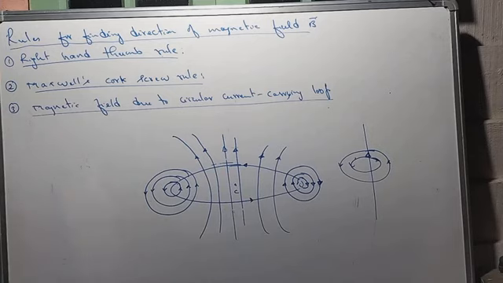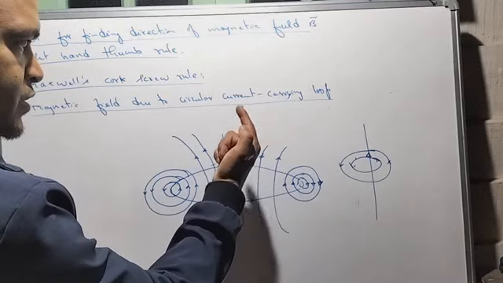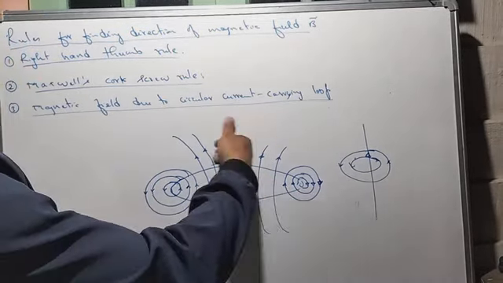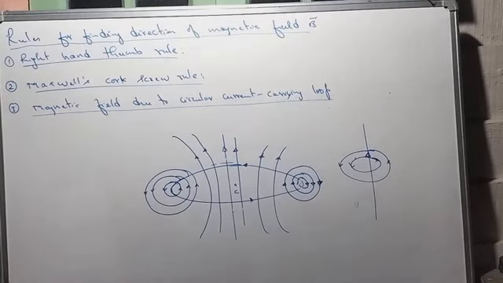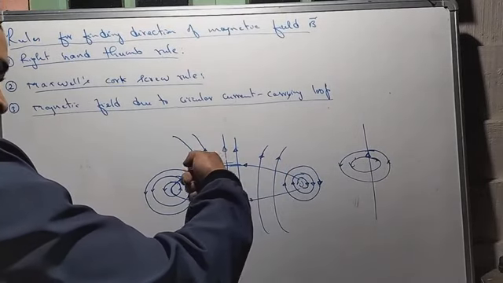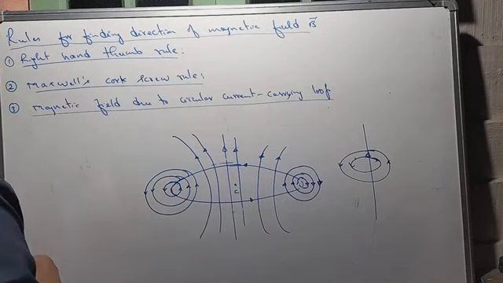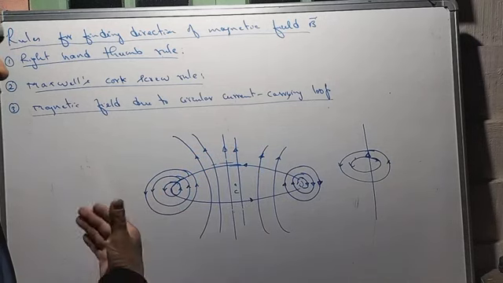It is difficult for me to show here because I need a three-dimensional picture, but you have to imagine this. This is my circular loop. At this end of the loop, what will happen to the direction of the current?